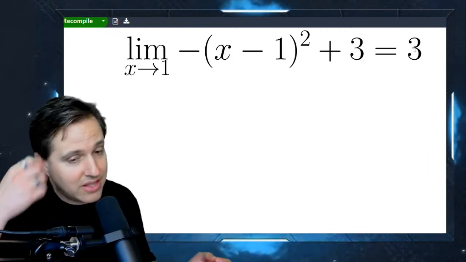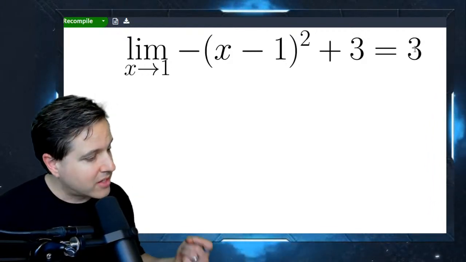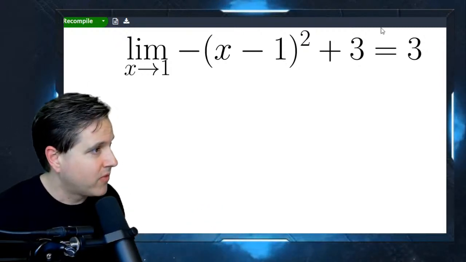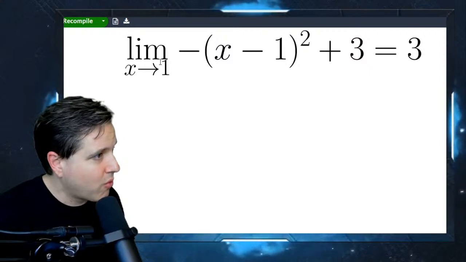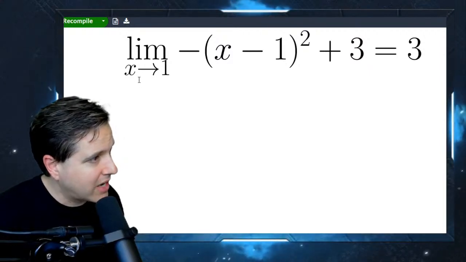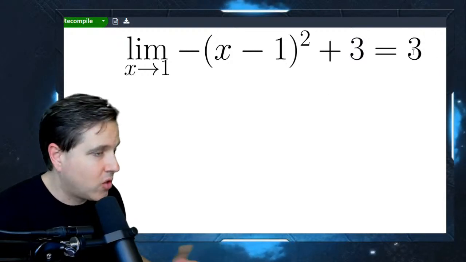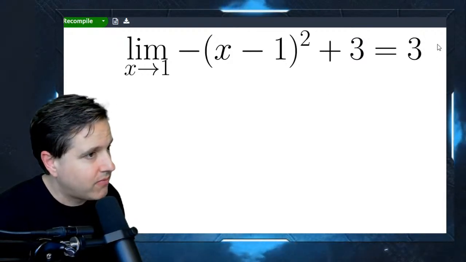So remember I was saying that the limit is always asking what's the y value when your x values are doing a particular thing? Well, up front, they're saying this is what we're worried about. We're worried about the limit when our x values are going to 1. And then on the back end, it's saying, yeah, and the y values are going to 3. That's what's going on here.